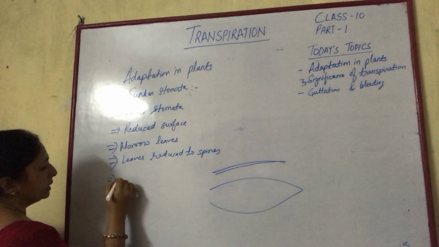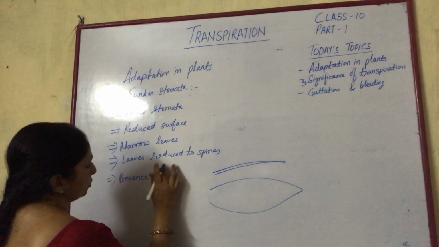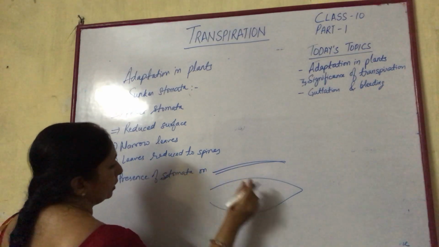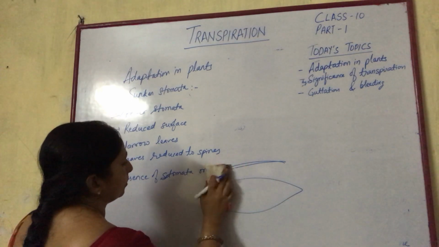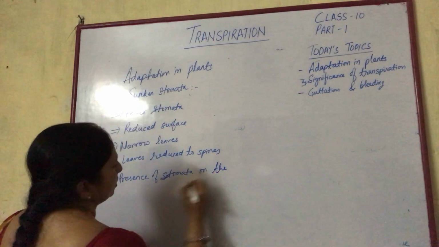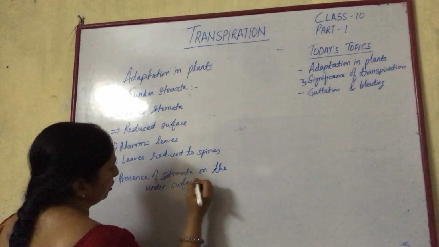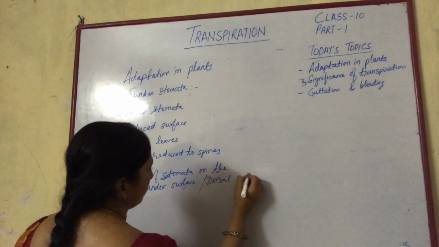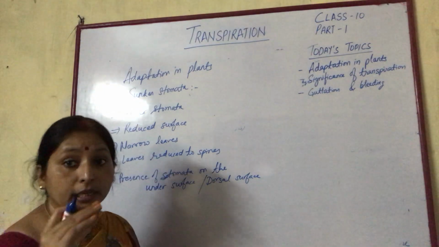Next is the presence of stomata on the undersurface of the leaf, or the dorsal surface, so that the light intensity does not fall directly on the stomata.